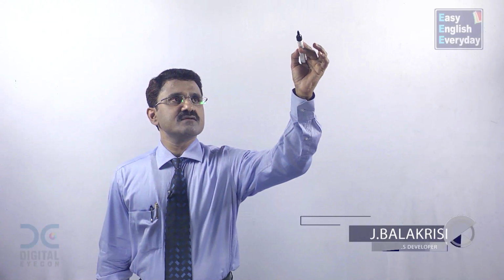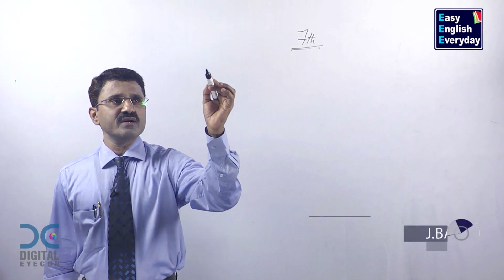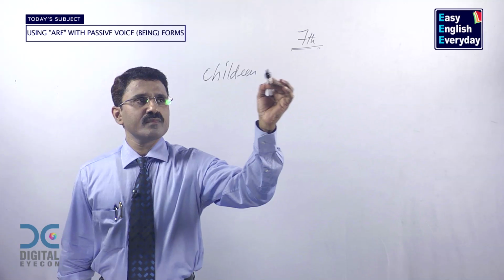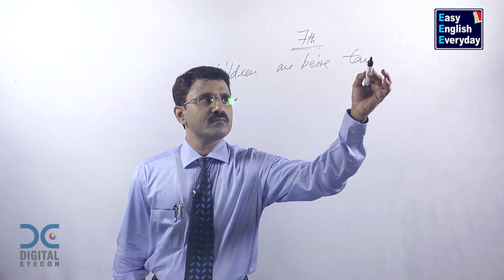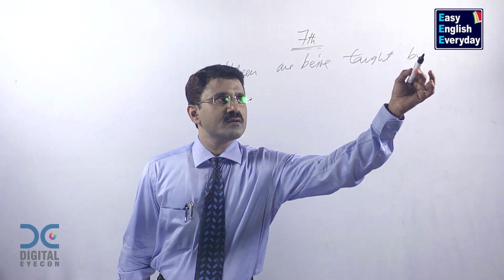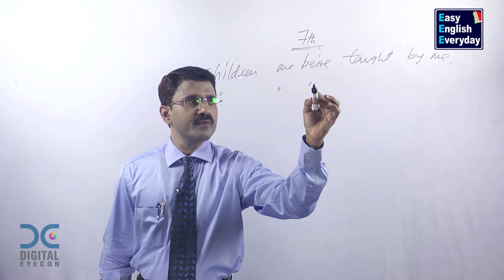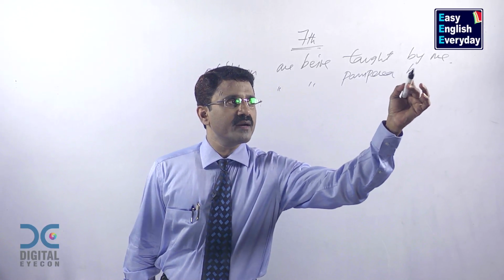Now let us discuss the seventh use of are. Look at these sentences. Children are being taught by me. Children are being pampered by me.